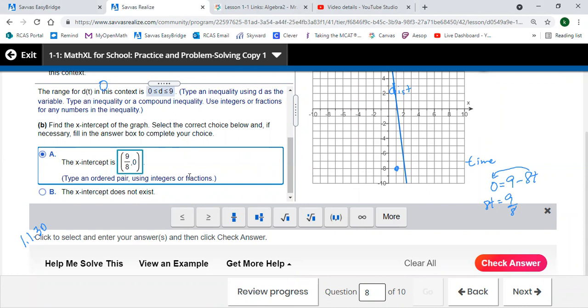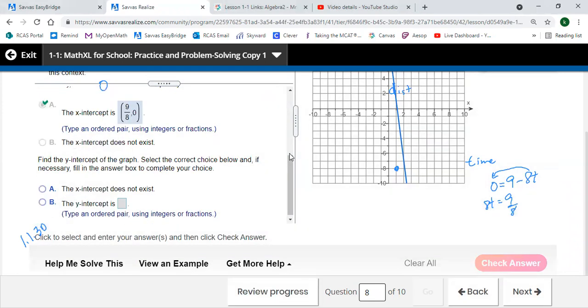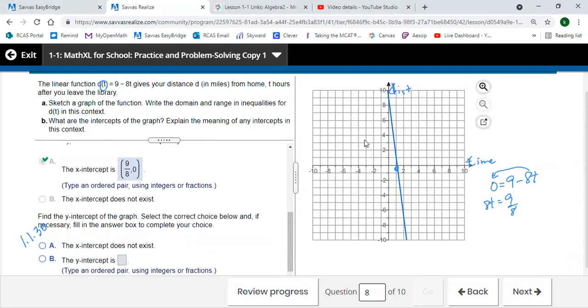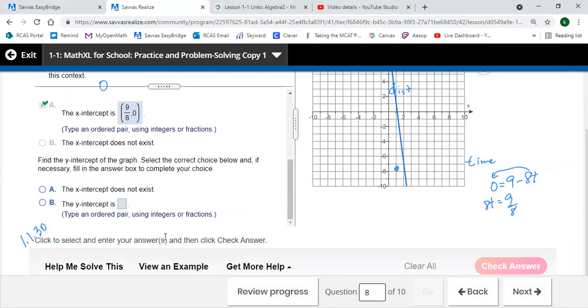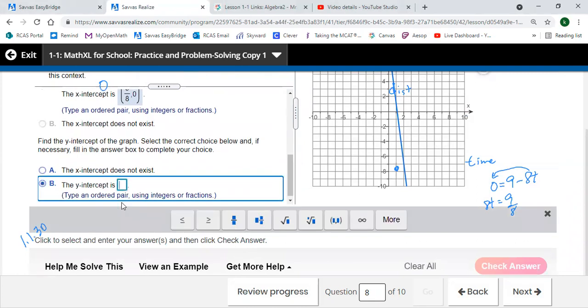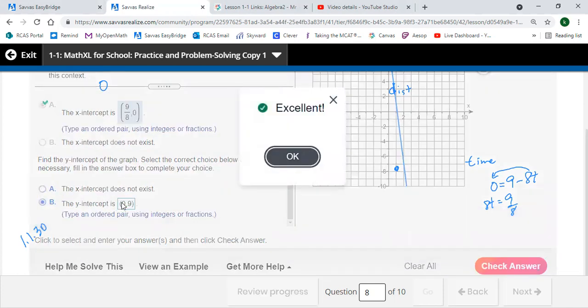The x-intercept does not exist. Well, it sure does. It's right there. All right, check that. Doing good. Now they want the y-intercept. That was easier because that was up here just at 9. So my y-intercept would be at 0, 9. That's easier.